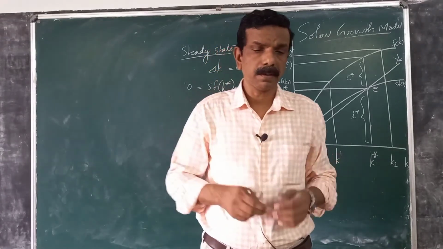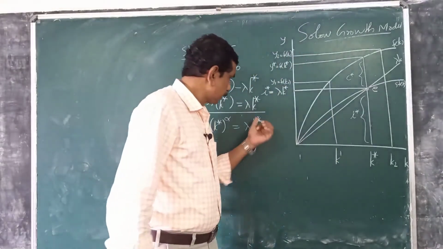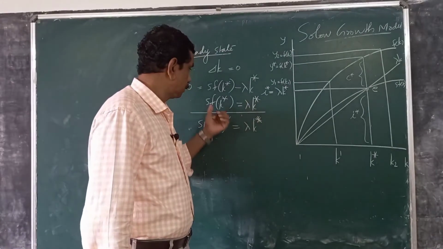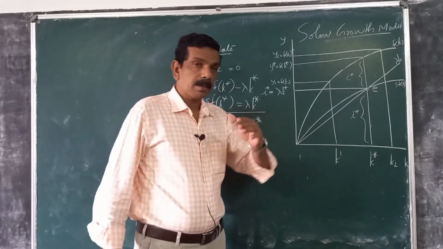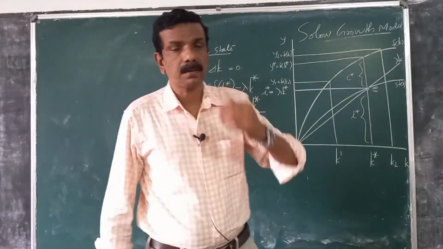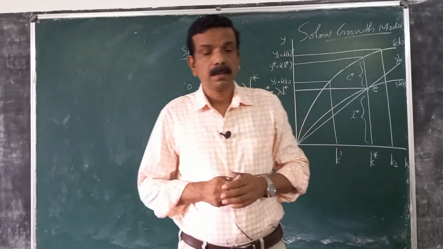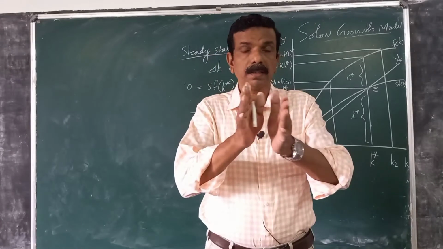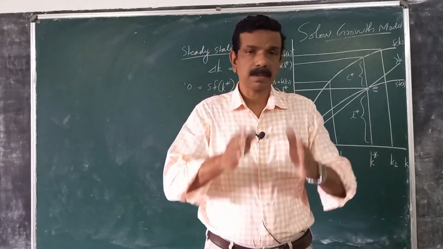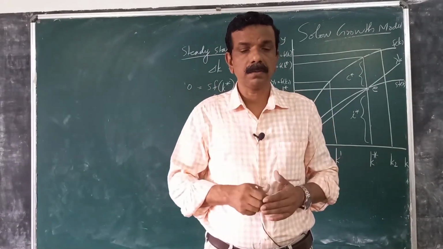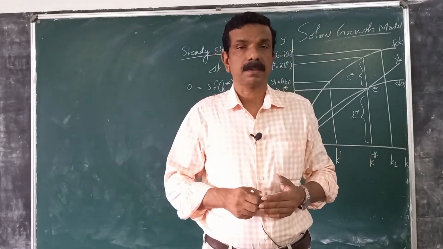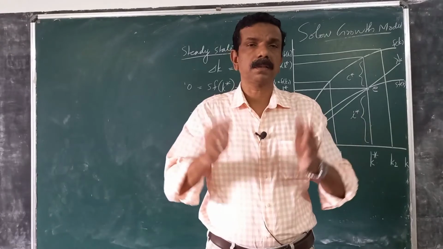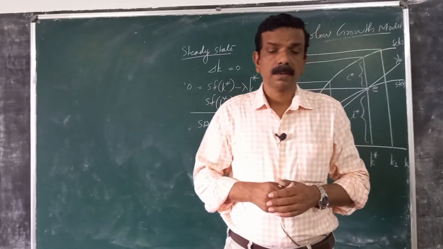And this is the point where depreciation per head is equal to savings or investment per head. K by L neither increases nor decreases when investment per worker or savings per worker is equal to depreciation per head, or simply investment is equal to depreciation.